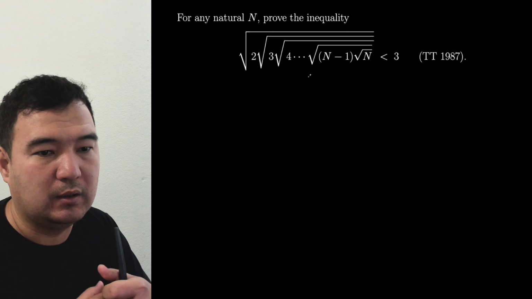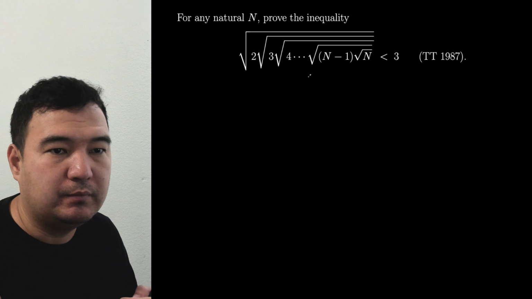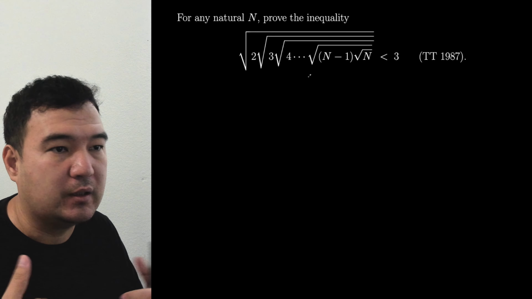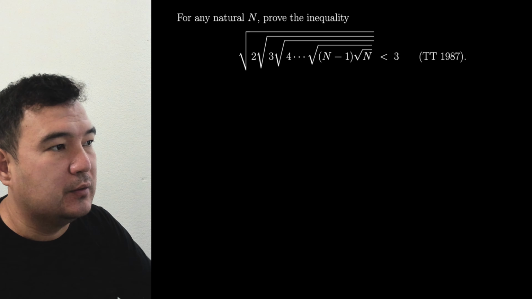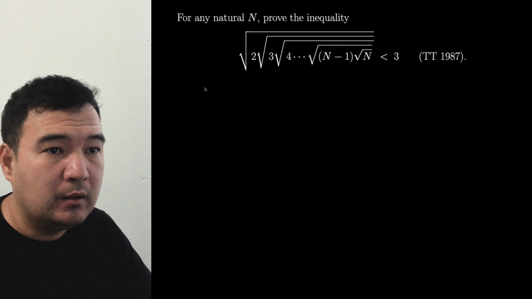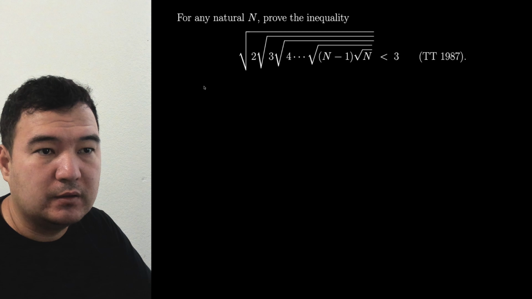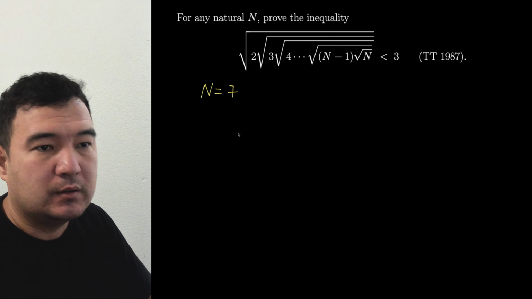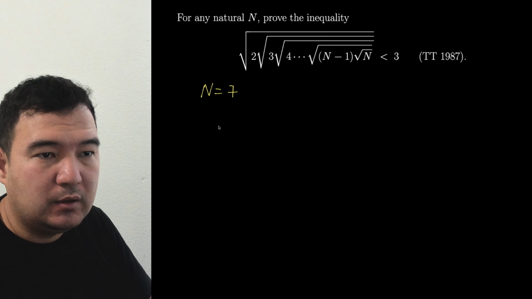It's not going to be a formal proof, but I'm going to show how induction works. So let's start by, for example, proving this expression for n equal to 7. So the expression is going to be the following.